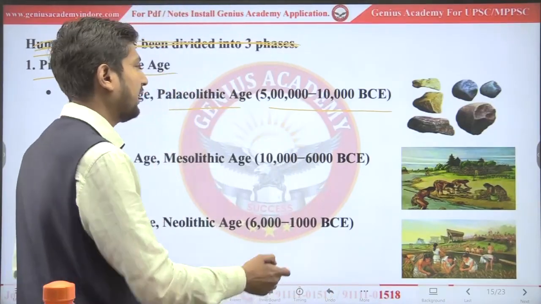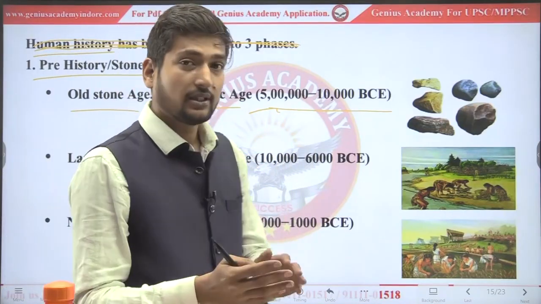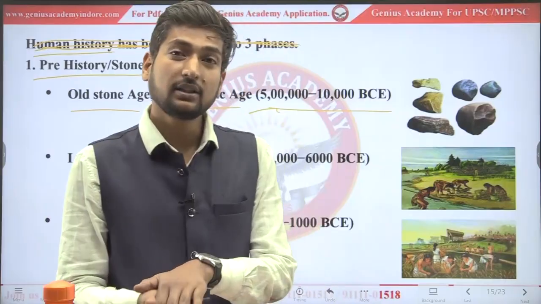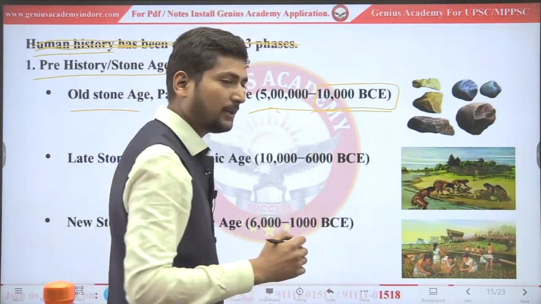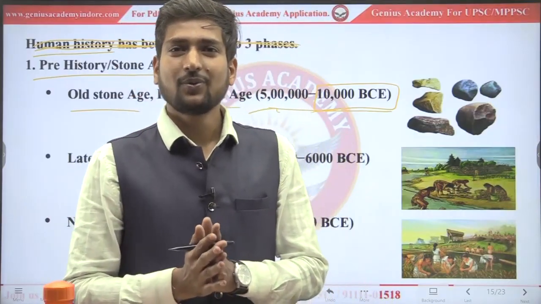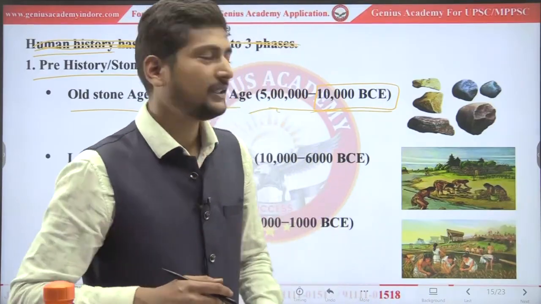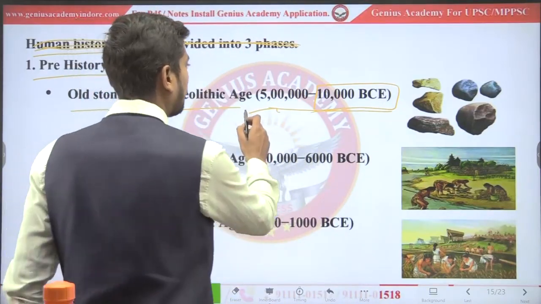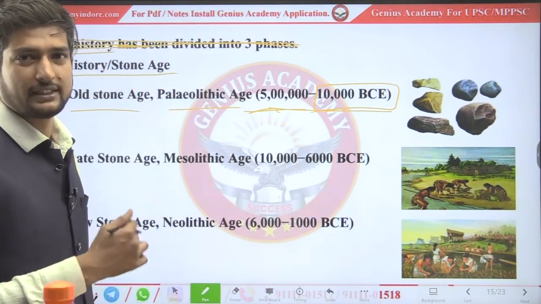And it is 10,000 BCE or 5 lakh BCE, meaning 10,000 years before the birth of Jesus Christ. So foreigners took dates like this, so we have to follow that. So 5 lakh to 10,000. This is the longest period of human history.